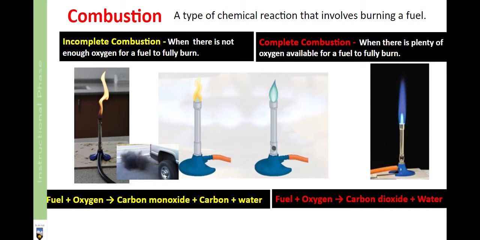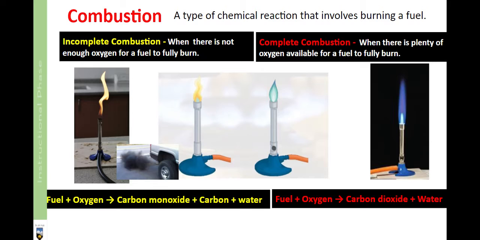So we looked at examples of chemical reactions. Combustion was one of those examples. We looked at how fuel can burn and react with oxygen to give out energy. That is a type of combustion reaction. Now, there are two main types of combustion that can occur, depending on the amount of oxygen available. So we can have complete combustion, where the fuel completely burns because there is plenty of oxygen available.